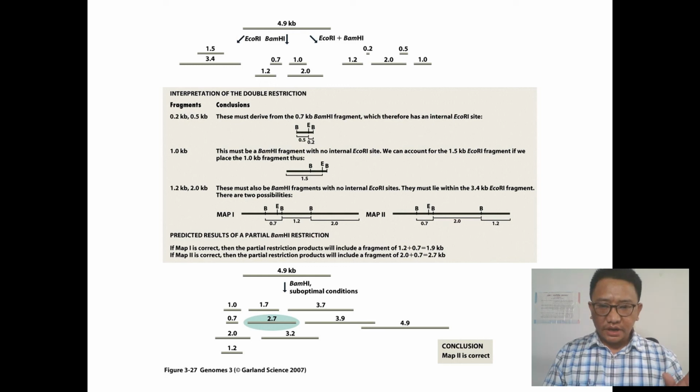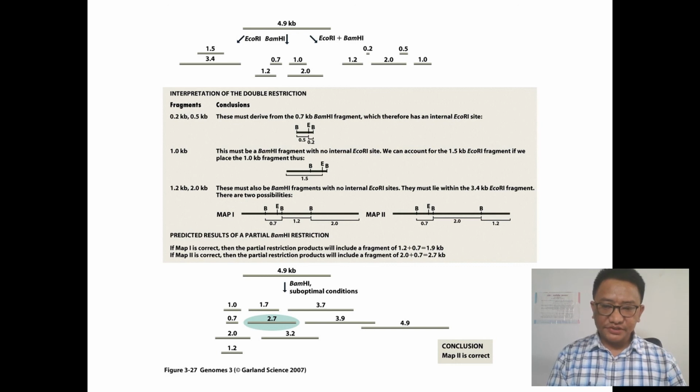Now there are another two fragments, 1.2 kb and 2.0 kb. These must also be BamH1 fragments with no internal sites, and they must lie within the 3.4 kb EcoR1 fragment. Now there are two possibilities, as we can see in map 1 and map 2.